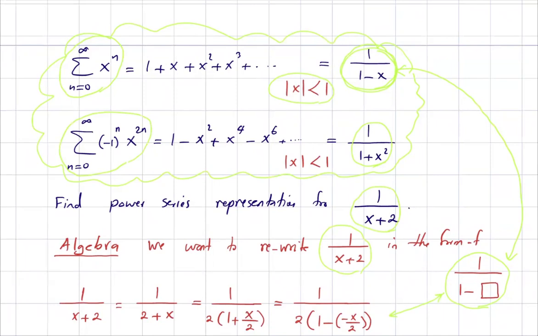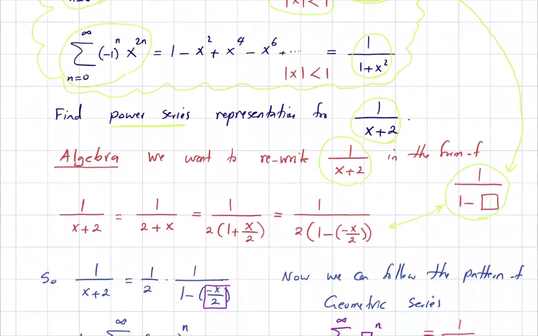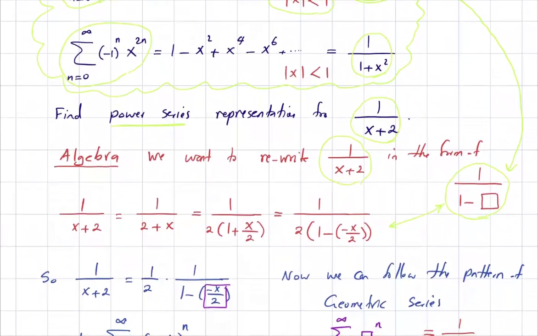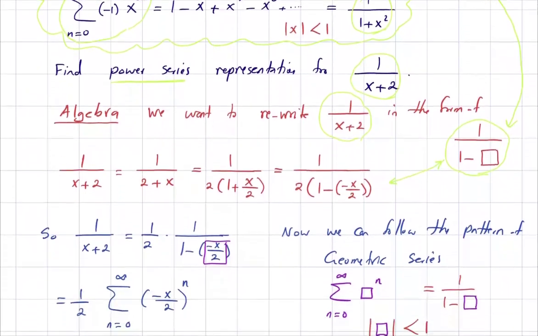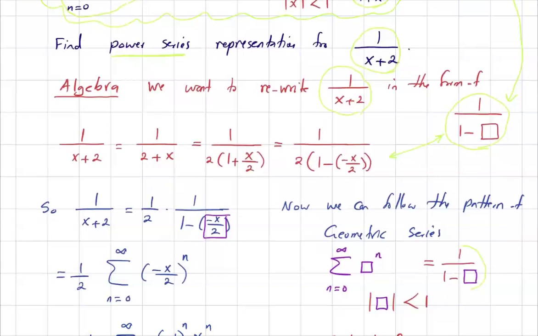We want to find a power series representation for this function. Our goal is to rewrite it in the form 1 divided by 1 minus a quantity. Why is that? Because 1 divided by 1 minus a quantity is basically a geometric series, the summation of that quantity to power n, and you just need to take the absolute value of that quantity and set it less than 1 to find the convergence interval.